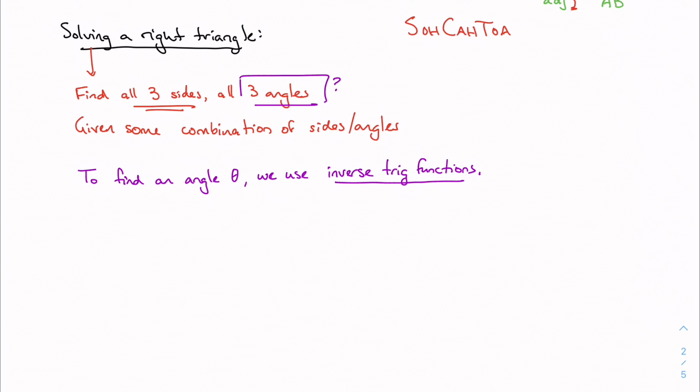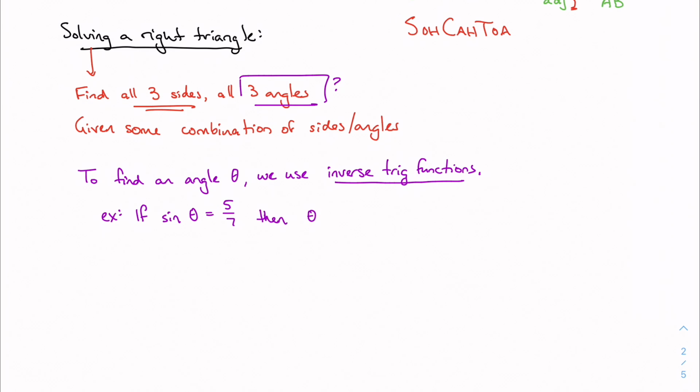So just as we have any other function that undoes another function, right? Square and square root, f and f inverse. We have inverse trig functions too. So for example, the example that I've kind of tended to use is if sine theta is, say, 5 over 7, right? I've got a triangle here whose opposite side is 5 and hypotenuse is 7.